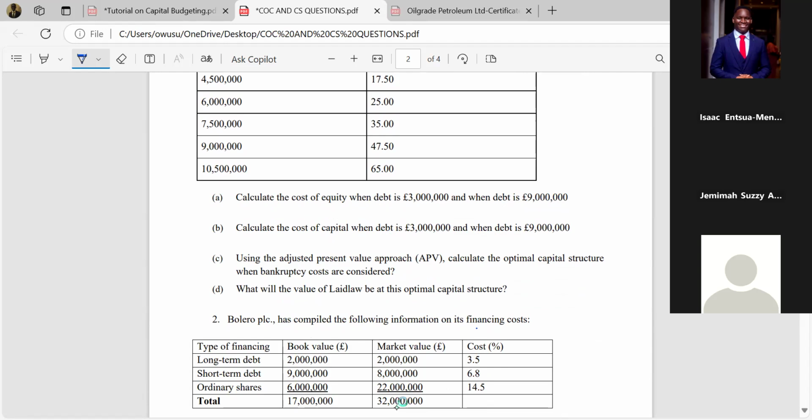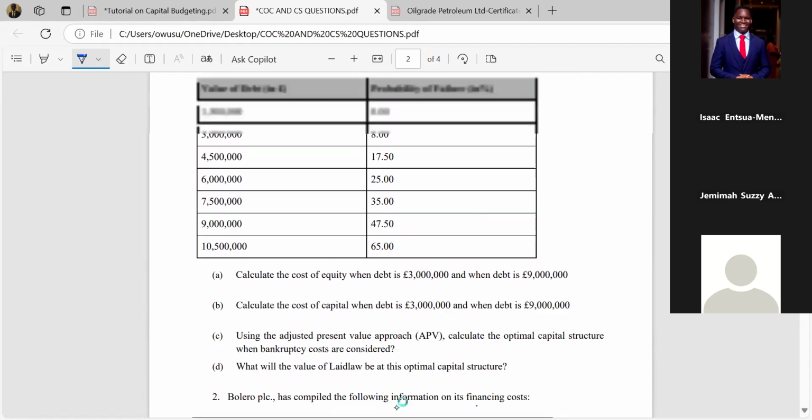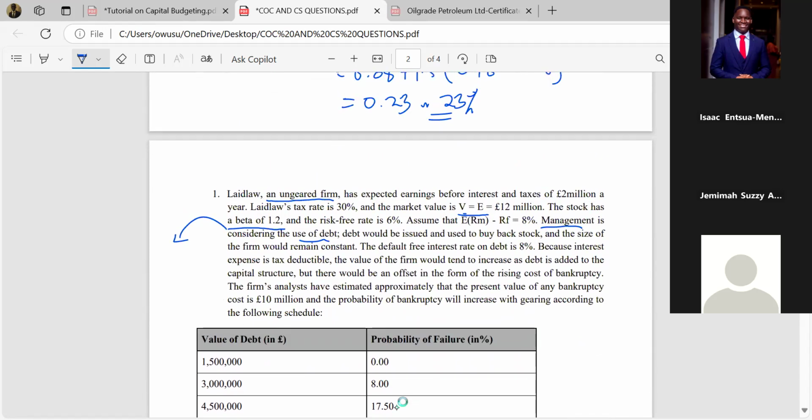If you have to calculate cost of equity, you have to make sure you gear up your capital structure. You gear up the equity, because the equity you have here is an asset beta, an ungeared beta. So given that we have introduced debt, we have to calculate the geared beta. So please take note of the two different scenarios.